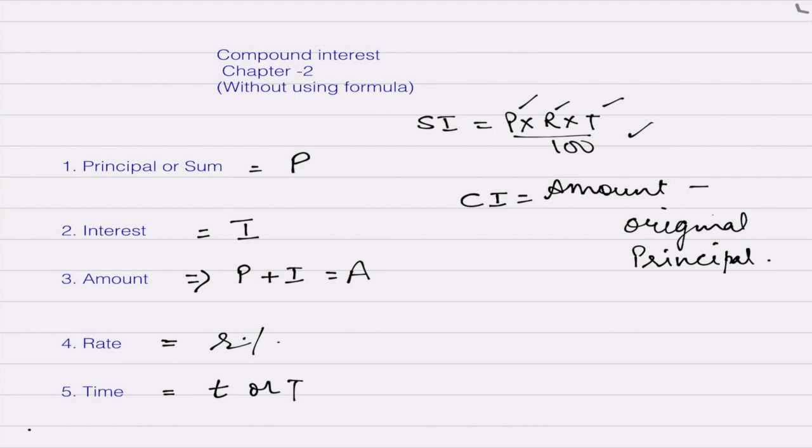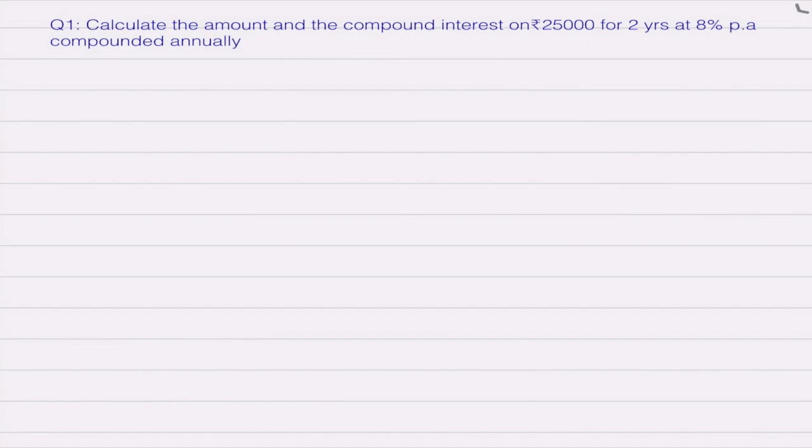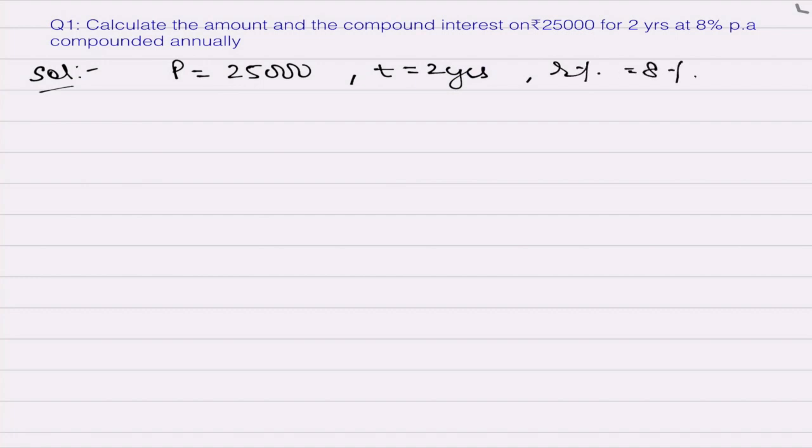So I'm taking the first question of your exercise. Question number 1, calculate the amount and compound interest on rupees 25,000 for 2 years at 8% per annum compounded annually. First, principal is given 25,000, time is 2 years, and rate of interest is 8%. Now first we'll calculate for the first year.